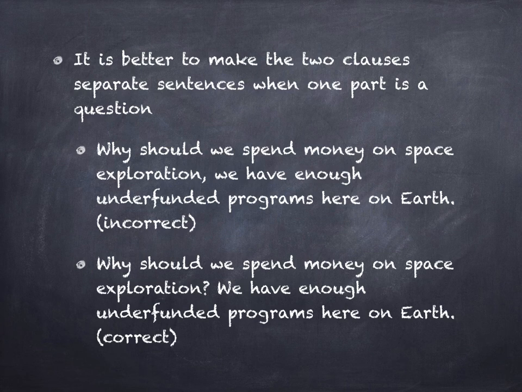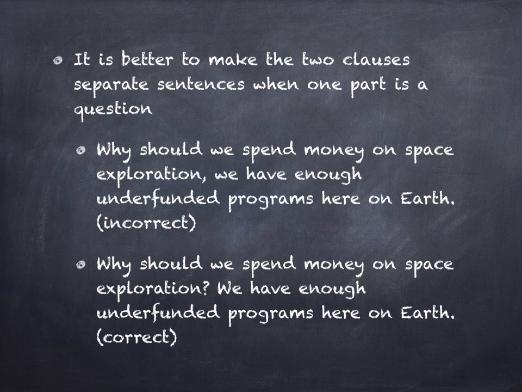It's better sometimes to make two clauses, separate sentences, when one part is a question. In other words, do not join a question to a sentence. Here's an example of how this should not appear. Why should we spend money on space exploration? We have enough underfunded programs on Earth.